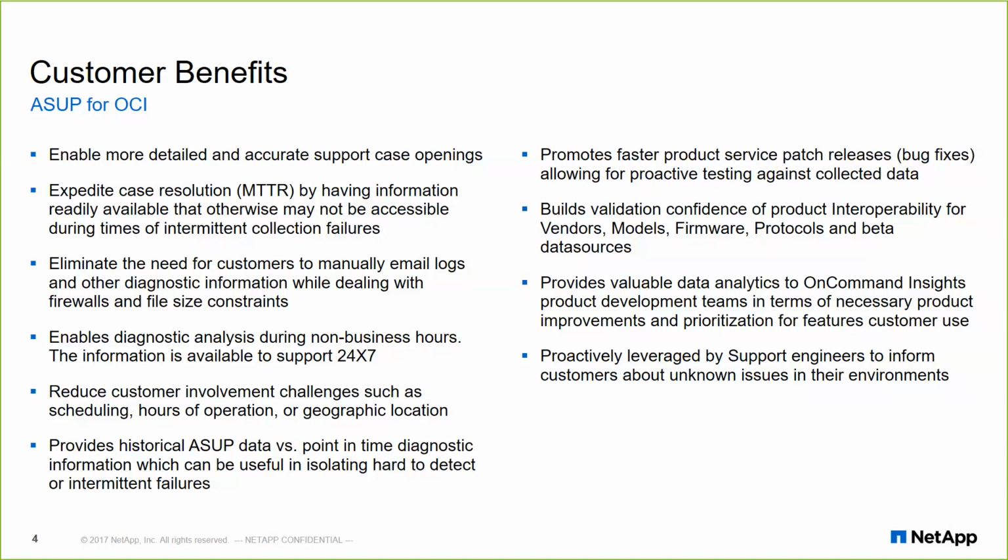So a lot of big benefits there. And really it helps our teams to better build out future updates by having all of this information from our different customers. Any questions on these benefits?